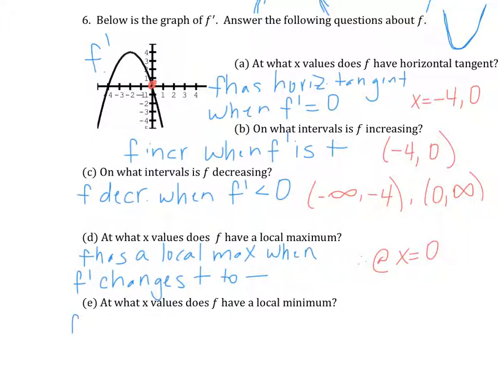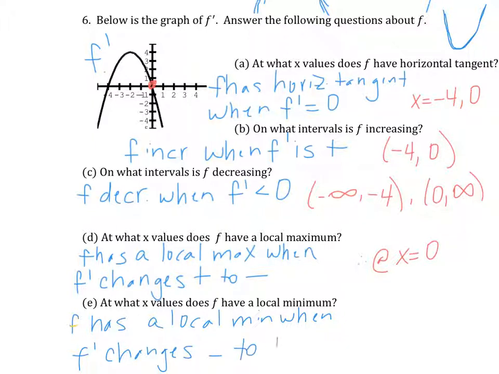So f has a local min when f prime changes negative to positive. And where is that on this graph? That would be right there. And so that's at x equals -4.